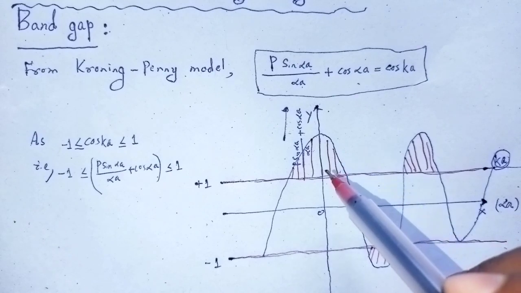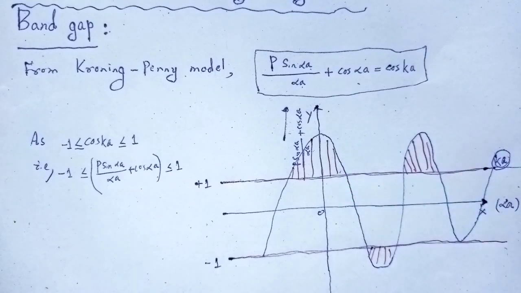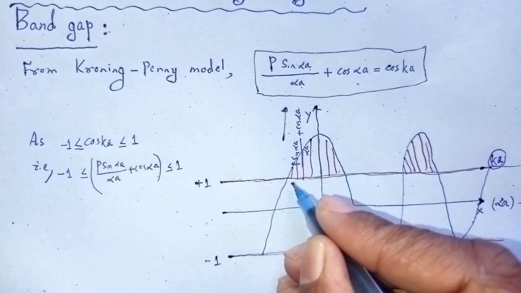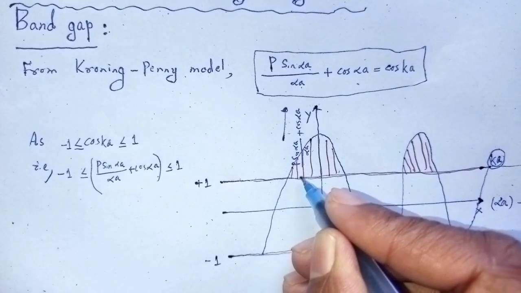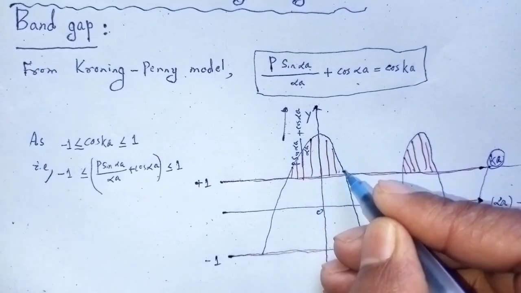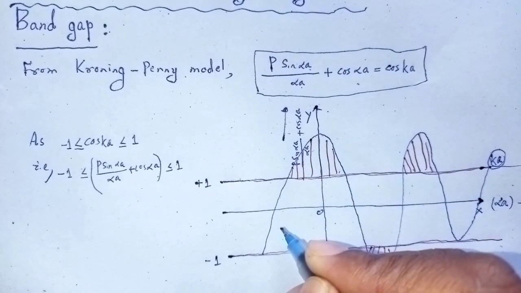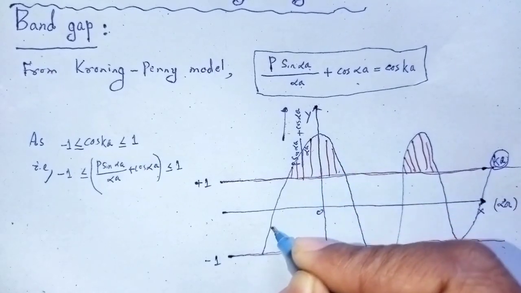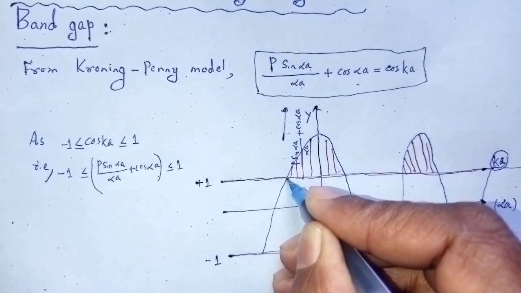Therefore, the regions where that equation is satisfied are the regions except the shaded regions.